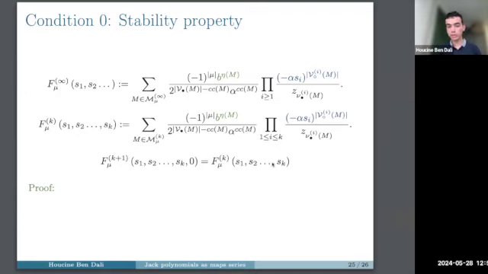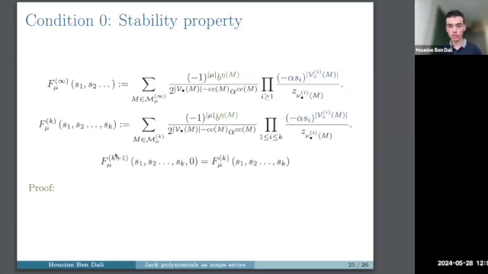And this property is important, if you remember what Maciek explained last time, to check that the sequence of f mu k's defines a projective limit over k.